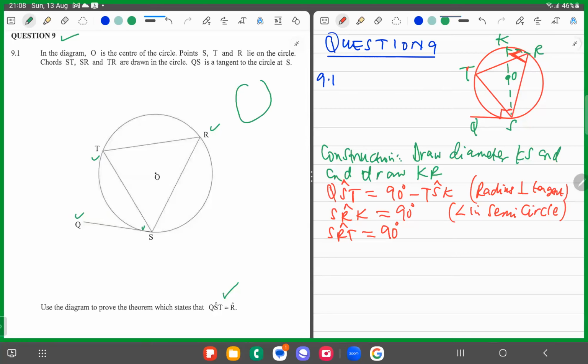Because in mathematics, if you have a circle like this, a line through the center will always subtend an angle of 90 degrees at the circumference. This is the angle in a semicircle. So SRK is 90 degrees.